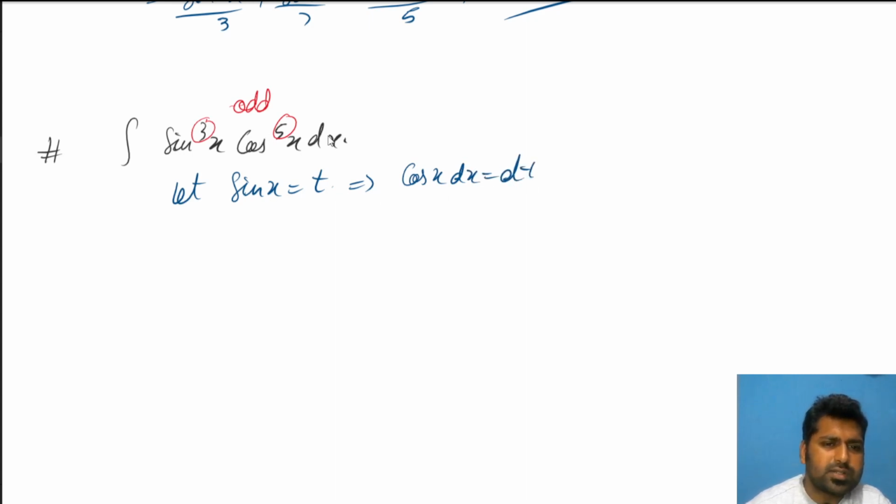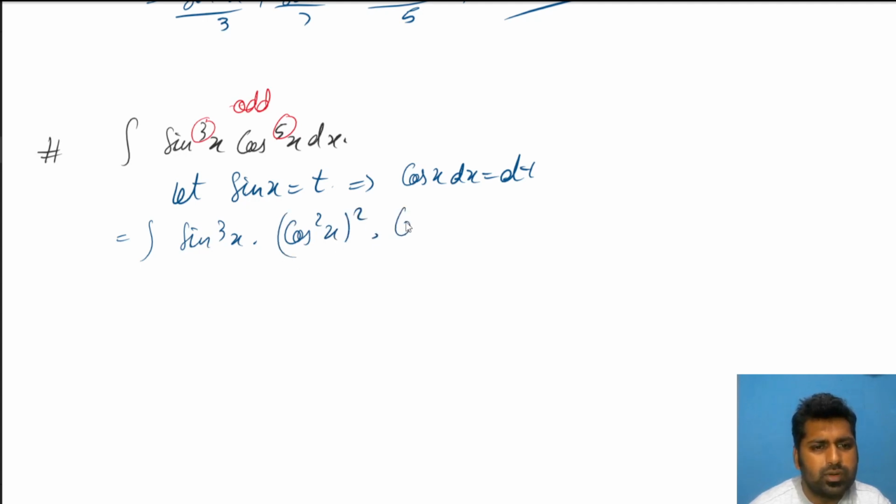So you need a cos with dx. So generate it. This is sine cube x. This is again cos 4, which will be written as cos square whole square into cos x dx. Then do the substitution. This becomes dt. Sine is t cube. Cos square is 1 minus sine square, and that means 1 minus t square whole square.